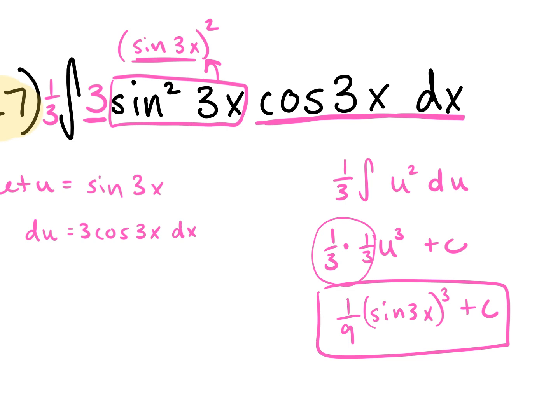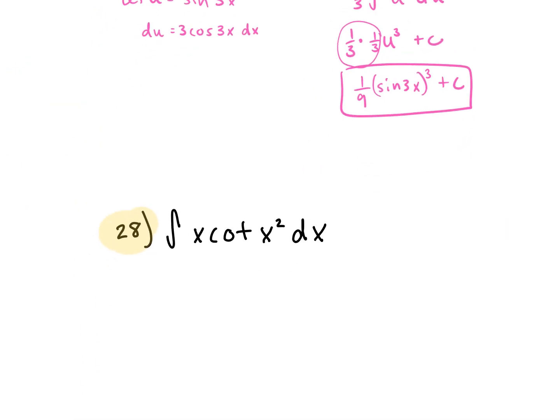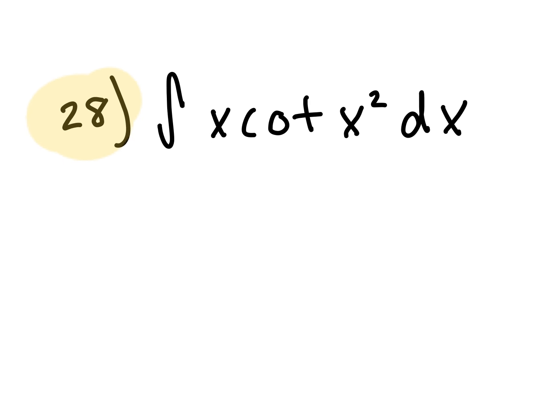All right, let's do 28. With all of your integration questions, if you can make it just the trig function and x, or the trig function and u, we can use our formulas. Here I've got cotangent of x squared, where it's the x that's being squared, not the cotangent. So I want to make x squared u.